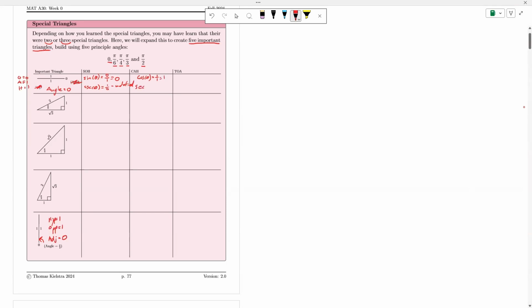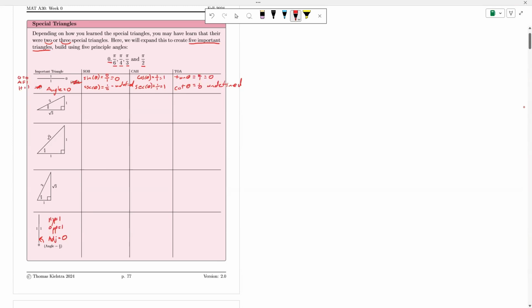And secant of theta, which is hypotenuse over adjacent, is 1 over 0, which is undefined. Now, tan of theta equals opposite over adjacent, or 1 over 0, which is undefined, whereas our cotan of theta equals 0 over 1, which is 0.